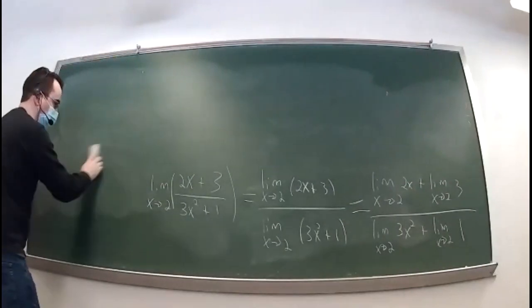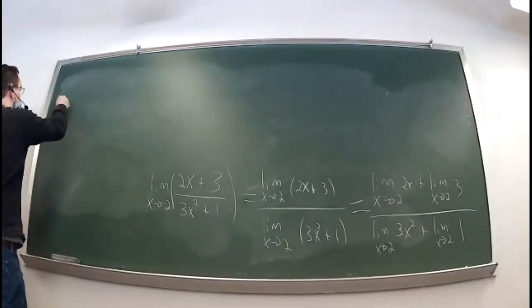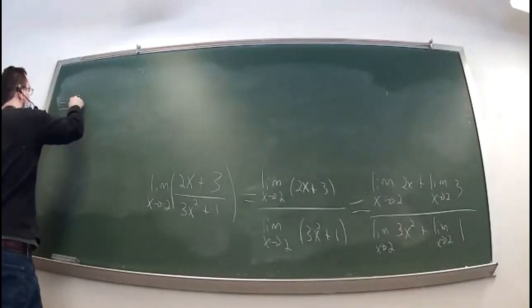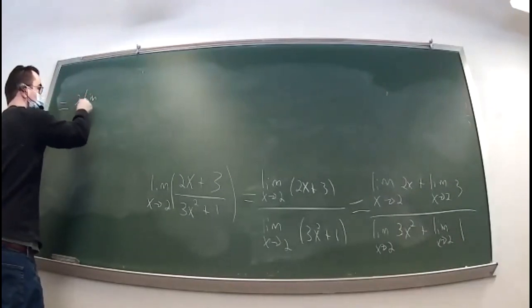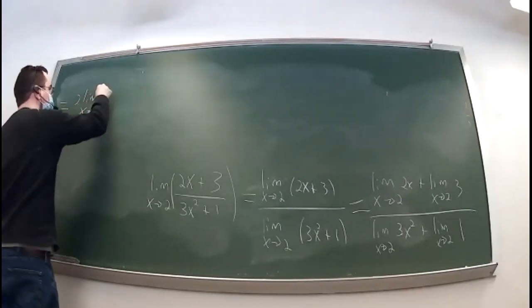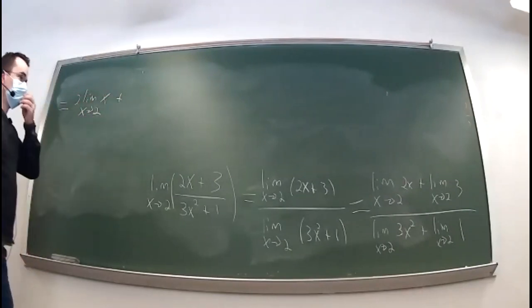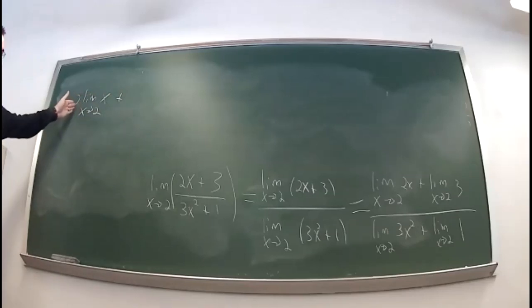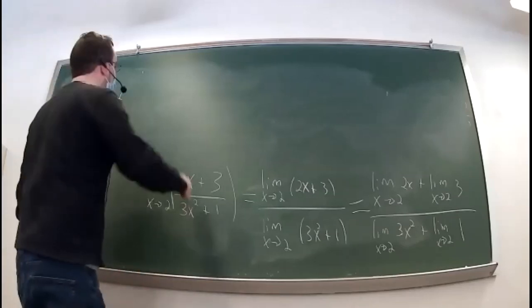Not to put too fine a point on it, but you can do one more step: basically pulling out that 2. That's the constant multiple limit law.